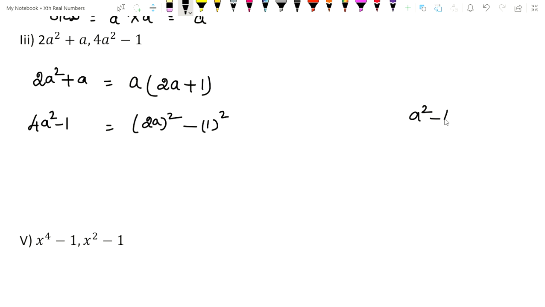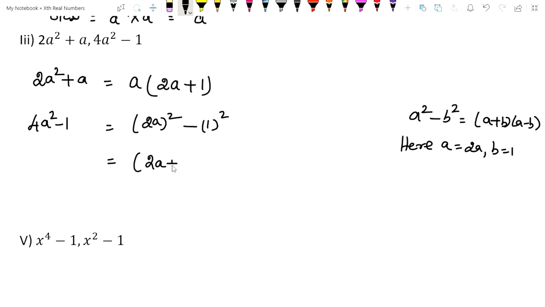Now I am going to use the identity: a square minus b square equals a plus b into a minus b. Here a equals 2a, b equals 1. Just substitute here: 2a plus 1 into 2a minus 1. Okay, children?